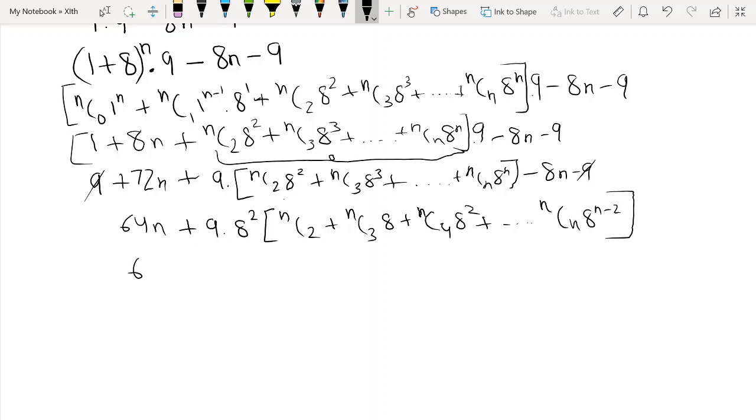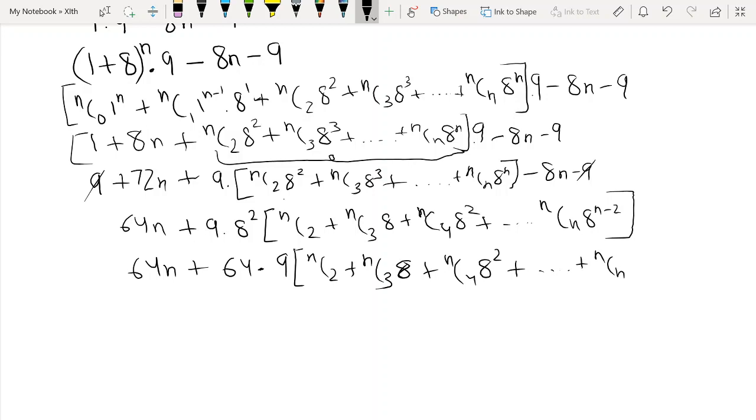Now this will give me 64n plus 64 into 9 into nC2 plus nC3 into 8 plus nC4 into 8 square plus nCn into 8 raised to power n minus 2. Now you can see that we can take 64 common.